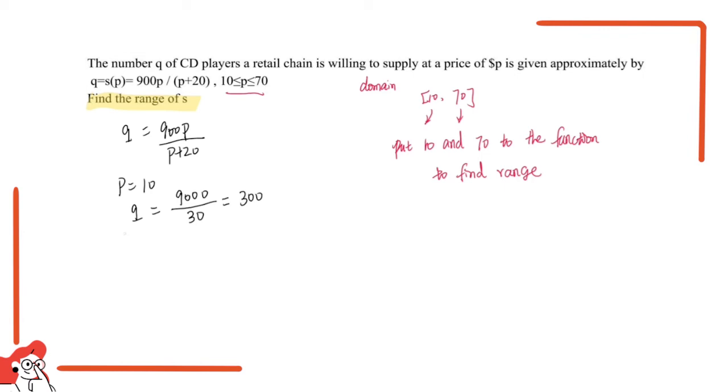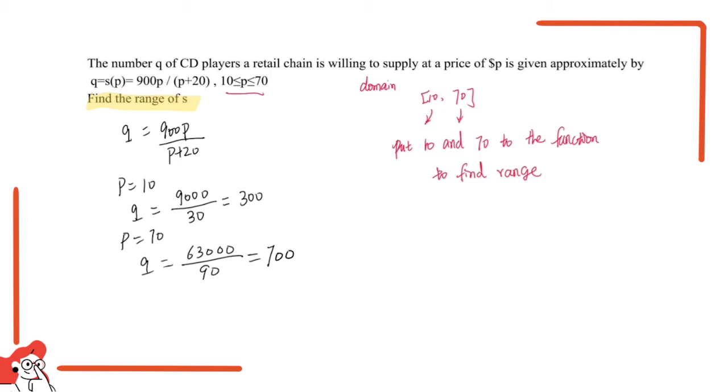And when P is equal to 70, Q is equal to what? 900 times 70 is 63,000, and this is over 70 plus 20, so 90, and this should give us 700.